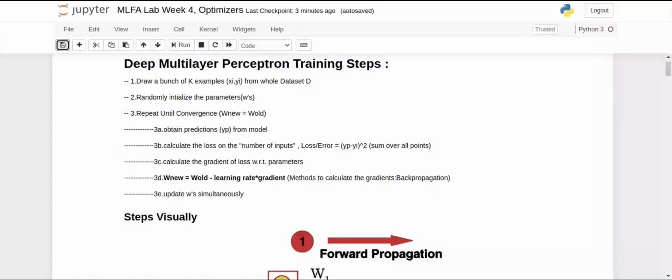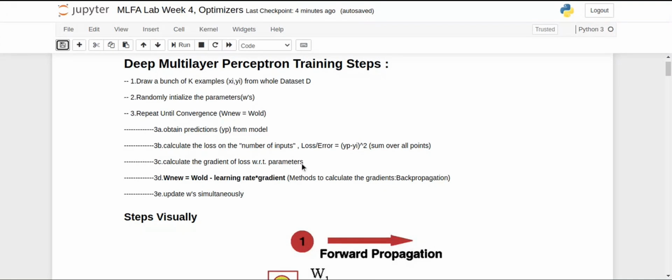I will discuss how it works, and within that there are five steps. First it will calculate the prediction, which is yp. Then it will calculate the loss. The loss formula, which Suraj already discussed, can be mean square error, which is nothing but (yp minus yi) whole squared.